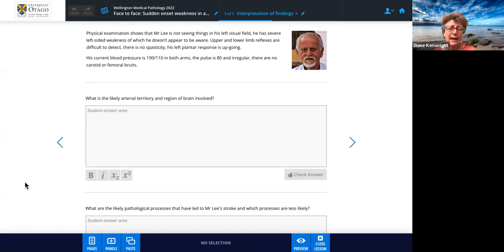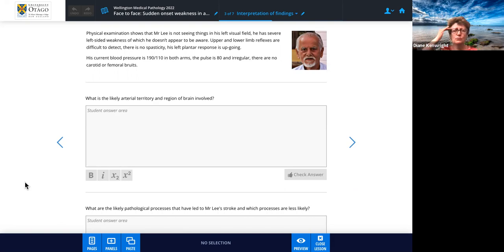What is the likely arterial territory and the region of the brain involved? All right, so left-sided weakness means the right side of the brain is going to be involved, and it's going to be in the anterior circulation, the MCA, sorry, middle cerebral artery or anterior cerebral artery, but definitely the middle cerebral artery, in order to give the wide range of symptoms present.